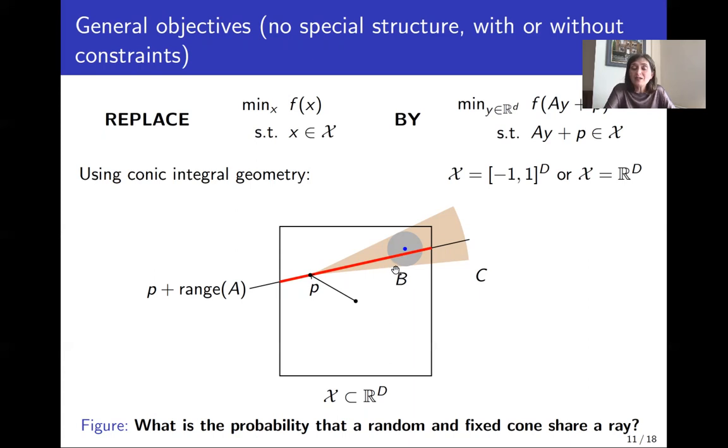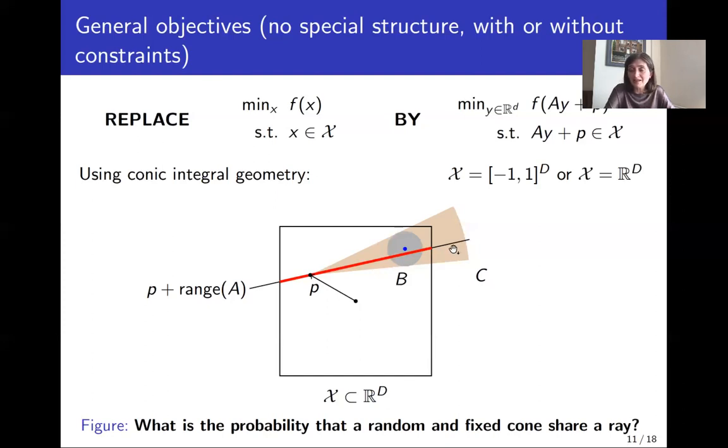And what we saw is that we could translate this question into a question that stochastic geometers have already answered for us. Namely, we can view this ball here together with the point P as generating a circular cone that's fixed and deterministic. And then we can view our random subspace based at this vertex P as a random cone, as a degenerate random cone. And so we can ask what is the probability that a random cone and a fixed cone will share a ray, like in this picture.